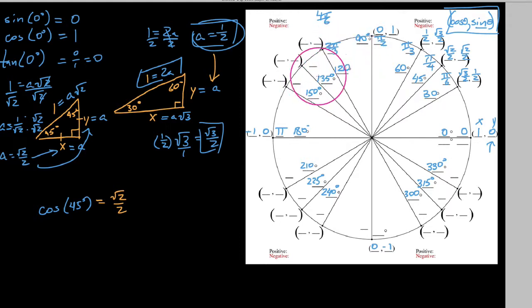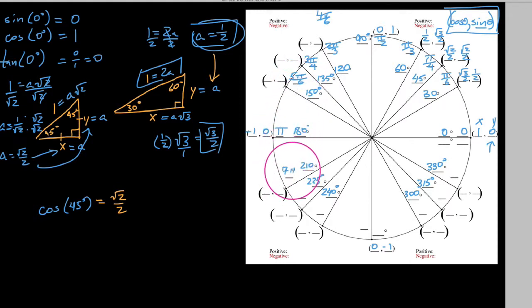We say 135, we would say that'd be 1, 2, 3 of these pi/4 things, okay? And then we say, well, this 150 right here would be 1, 2, 3, 4, 5 30 degree angles, so this would be 5pi/6 here, okay? So for the sake of time, I'm going to keep filling these in. We say, well, 6pi/6 is 180.